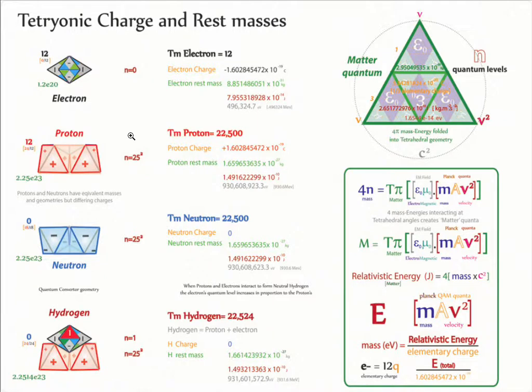And that's shown on this page here, where in the case of rest charges, or particles that have no blackbody radiation or energy of motion, we can calculate an exact rest mass energy for the matter geometries. You can see here in the case of electrons, we have a Tetrionic mass matter of 12 charged geometries, giving us a mass matter of 1.2 by 10 to the 20 Planck quanta.